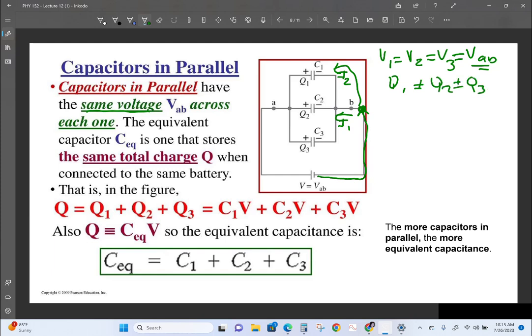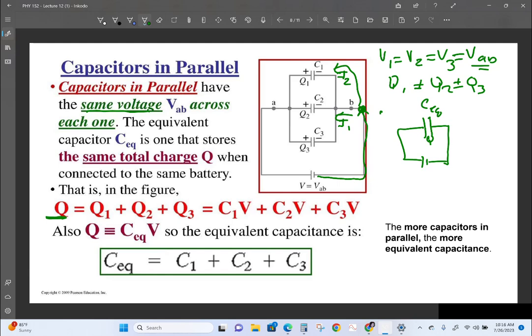So what that means is that the total charge of the circuit, because remember, this battery thinks that it is connected to just one equivalent capacitor, is going to be equal to the sum of those charges, Q1 plus Q2 plus Q3.